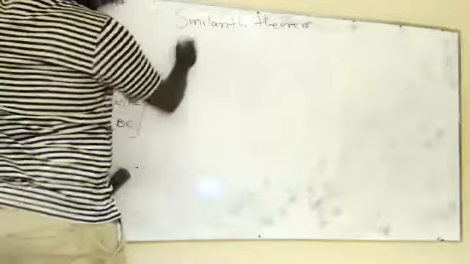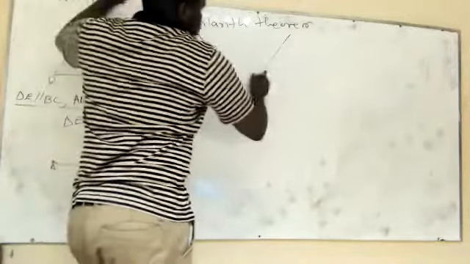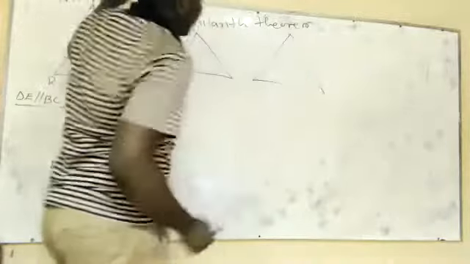So now, the similarity theorem talks about two triangles. You must have two separate triangles.